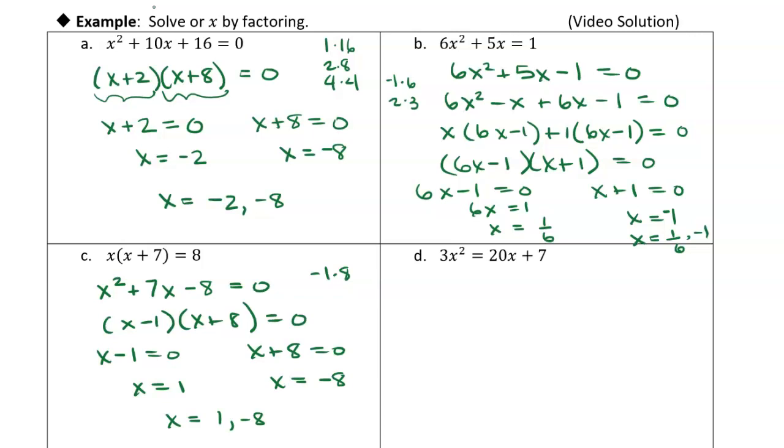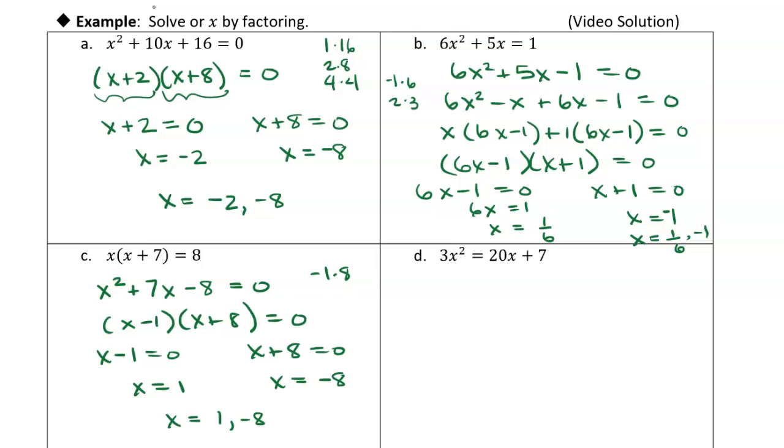All right, so one more here. Again, we don't have it in the form we want. So I need to rearrange it a bit because I want everything to be equal to 0. It doesn't matter really whether the 0 is on the right or the left-hand side, but I want a quadratic equal to 0, and then I can factor the quadratic and use the zero product property.